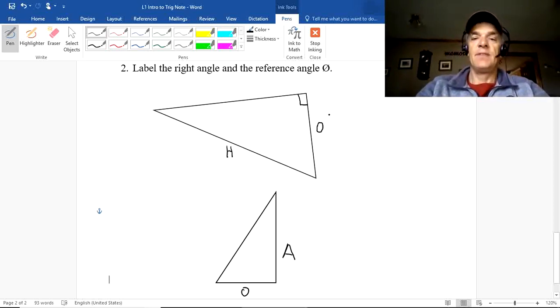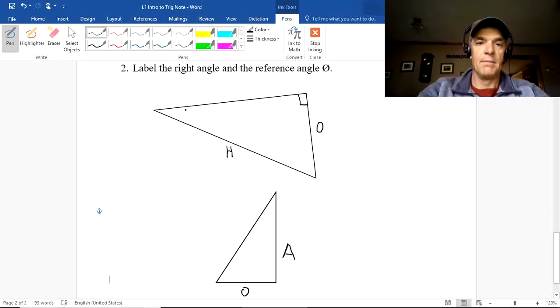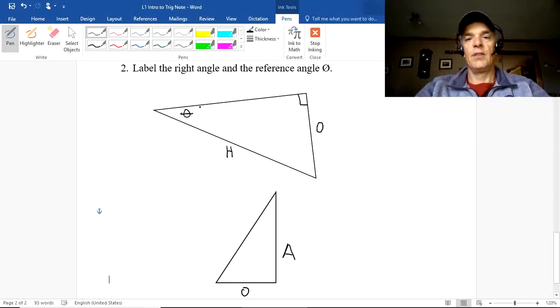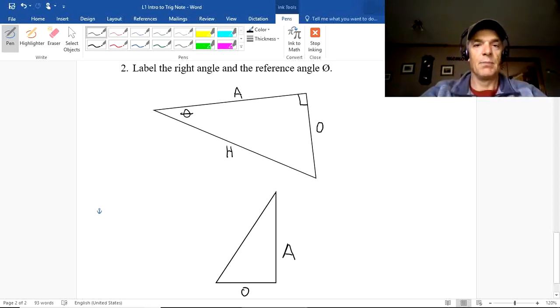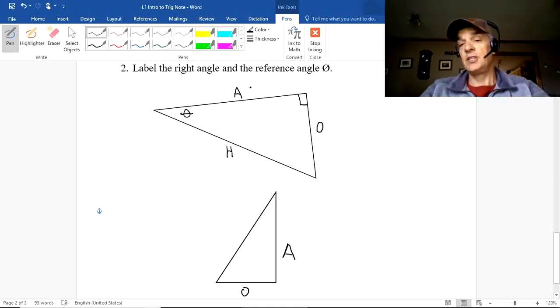And then if this is my opposite, that means my theta has to be across from it. So theta must be here. And although the question doesn't ask me to do it, it becomes obvious that this is my adjacent side. I didn't give you the adjacent side on this particular one. I didn't need to because you were able to calculate theta from here, and then it has to be the other one.